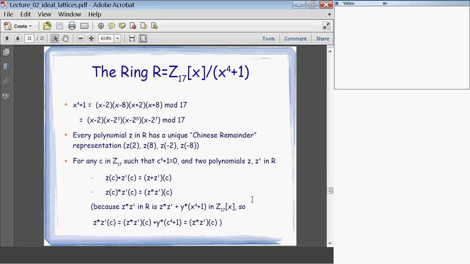Getting to the next point, in addition to the coefficient representation of polynomials that we've discussed already, there's a so-called evaluation representation of polynomials, which makes it possible to perform polynomial multiplication component-wise.